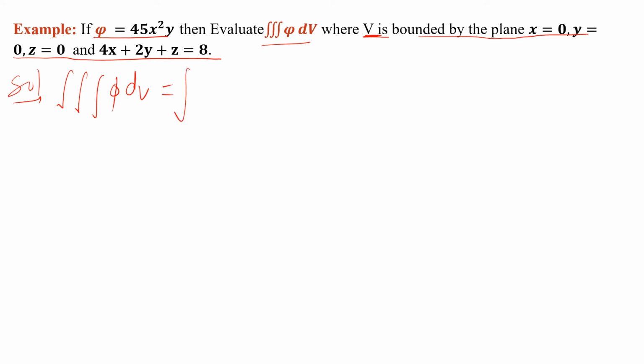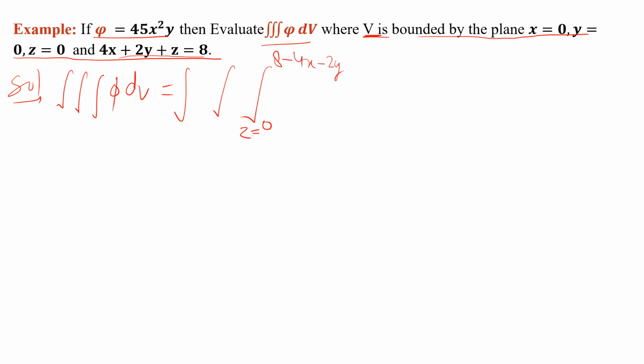So first we substitute the limits. Here, because the region is x equal to 0, y equal to 0, and z equal to 0, and that plane 4x + 2y + z = 8. So for the lower boundary, first we write the limit of z. z varies 0 to 8 minus 4x minus 2y.